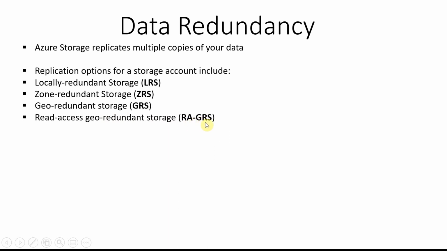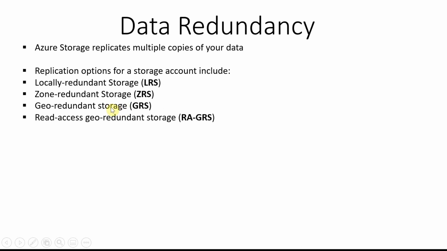In read access geo-redundant storage, the copy is copied to a different region, and you can access that data. You can do a read operation on that data. But with GRS, you can't do a read operation. It will be copied, but you can't access the copy in the other region unless there's a failover. Only then will you have access to the redundant copy.